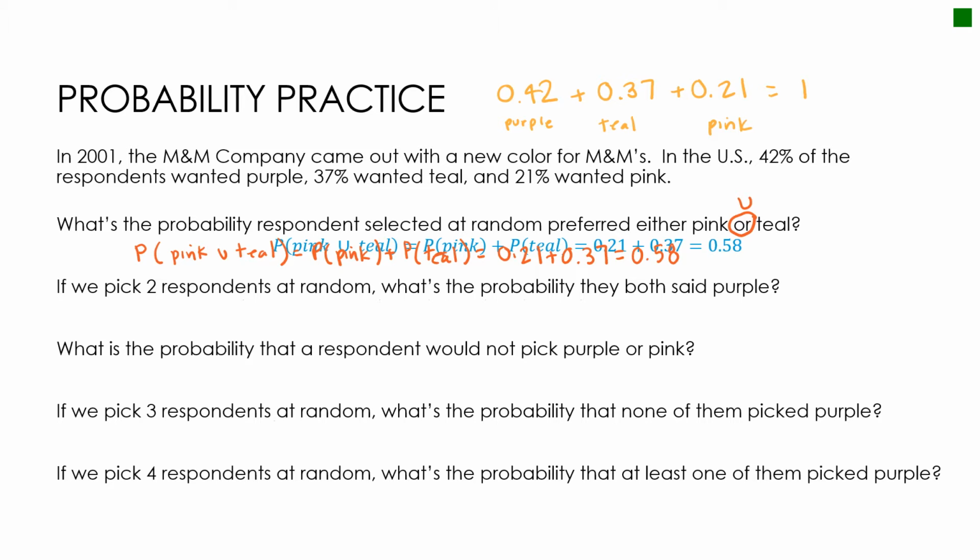Now, in this case, I could also look at the fact that purple is the only other option. And so I'm saying if they wanted pink or teal, it's the same as the probability of not purple. And so I could have just taken 1 minus 0.42 and notice I still get 0.58.